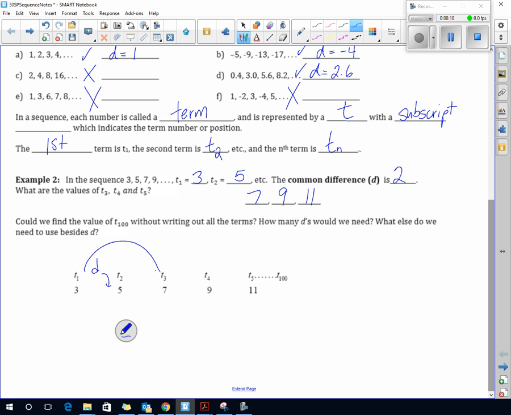If we take the first term and we go to the fourth term, does everybody see how we're doing this? So, to get to the next term, we're adding another common difference, but if we wanted to start at the first term and go all the way to the fifth term, how many common differences would we add to it? 4. So I'll give you a second to see if you can find out what term 100 would be.